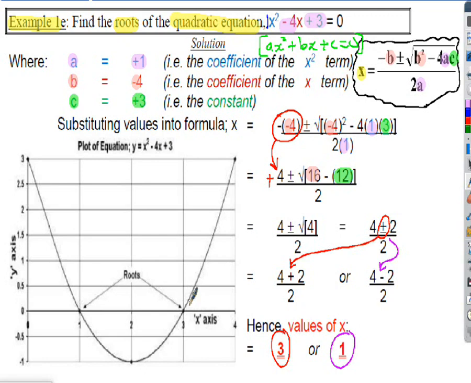And we can see the roots on the graph plotted for convenience. We can see that the curve crosses the x-axis at positive 3 and also at positive 1. So those are our roots in this particular equation. And don't forget the roots are the solutions to the problem. We're trying to find the x values.